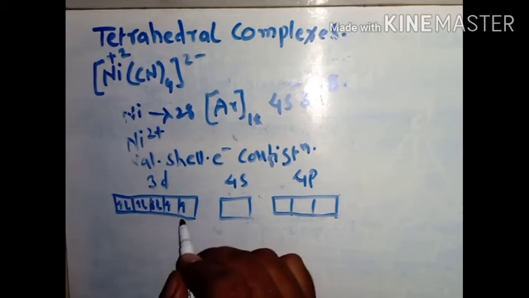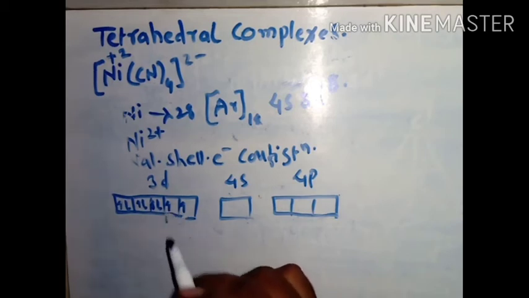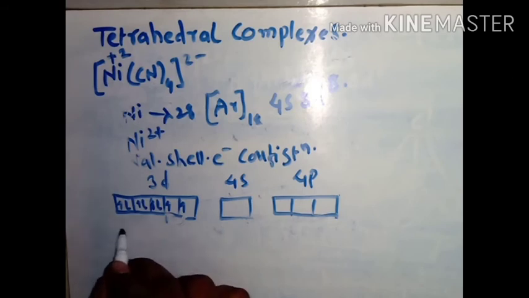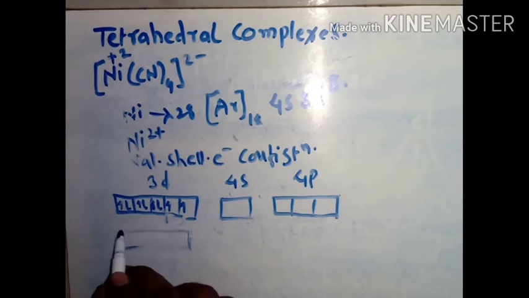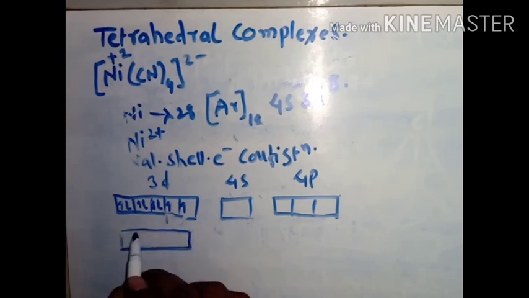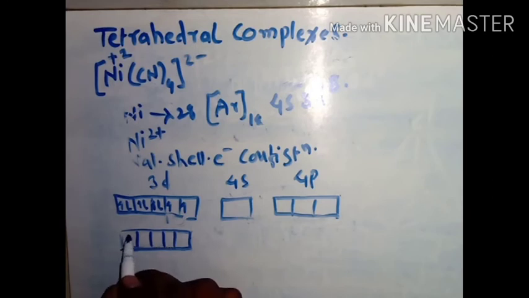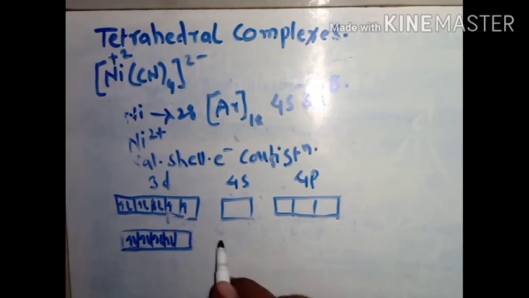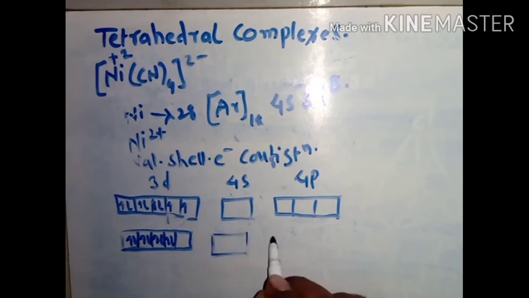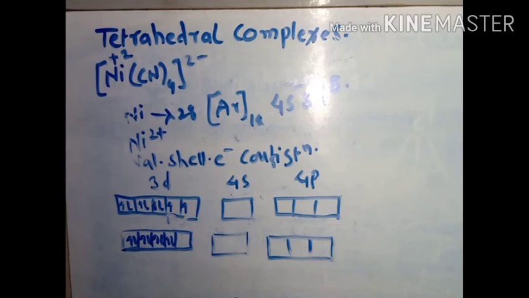So the electrons will be shifted, and the valence electronic configuration will look like this: first pair, second pair, third pair, and this electron will shift to the fourth level, so it will also be paired. This will be empty, and this orbital will also be empty.